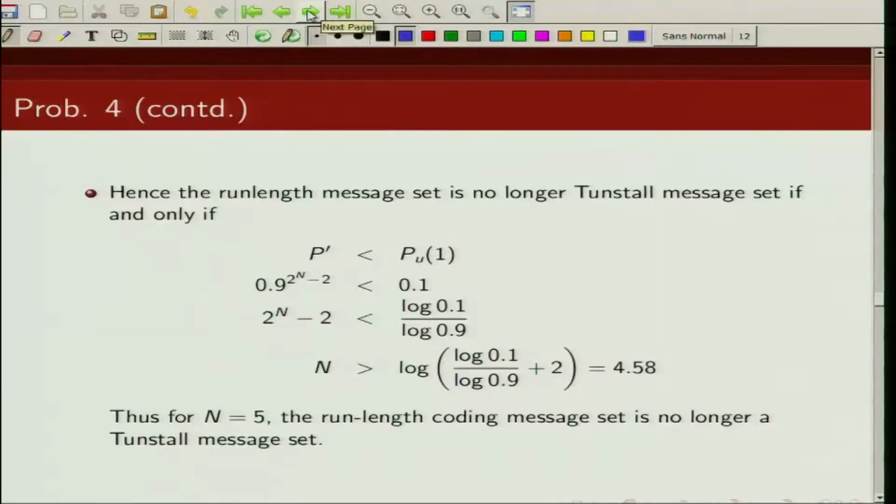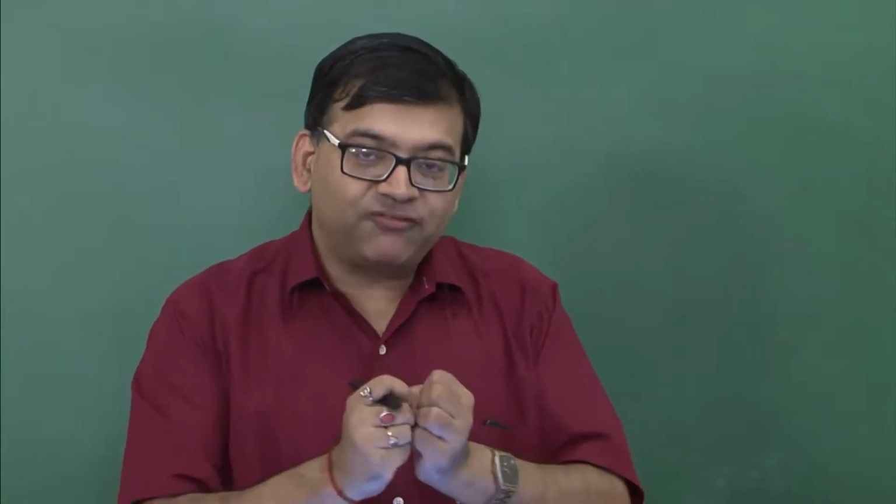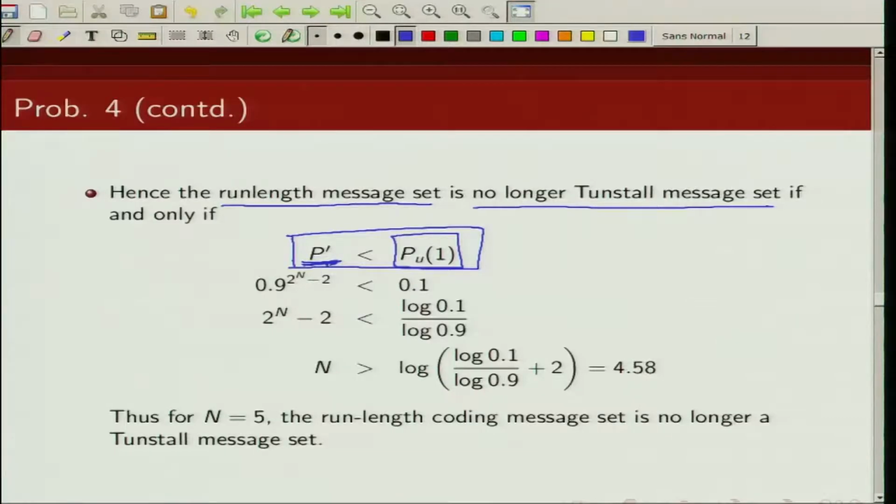So then the run-length message set is no longer going to be a Tungstall message set if this intermediate probability becomes less than probability of U equal to 1, because if it does, then according to the Tungstall lemma we should have extended the node or leaf corresponding to U equal to 1.